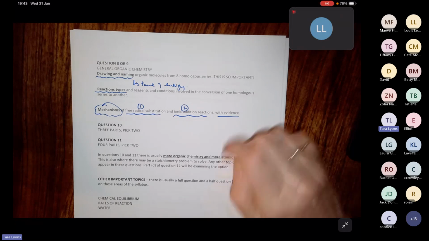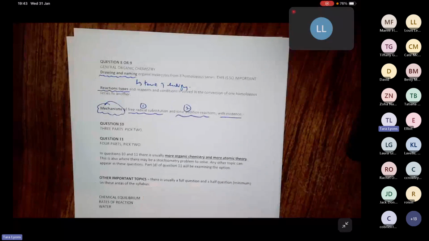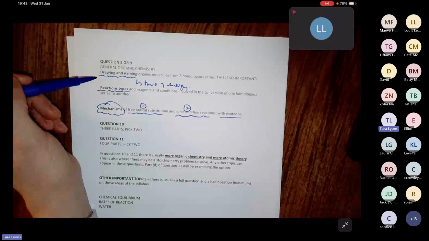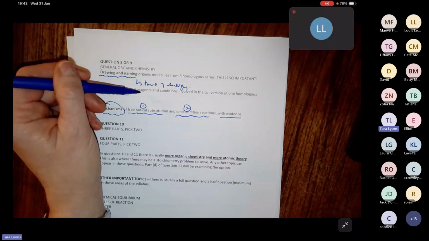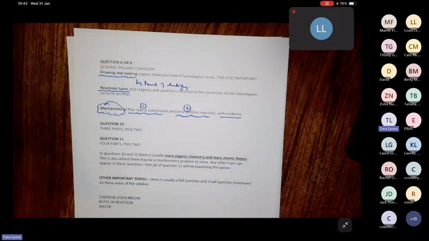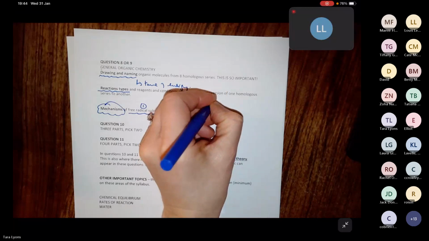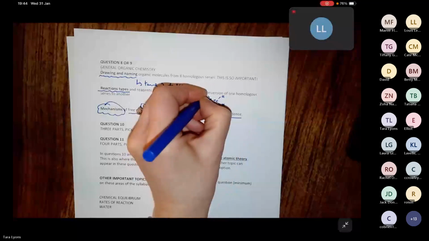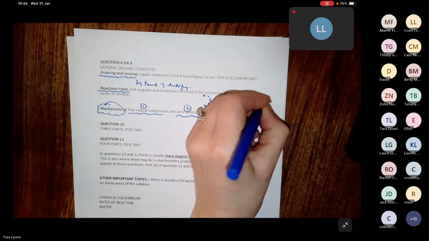But again, if I am preparing for my general organic chemistry question, well, this is where I'm going to start. I'm going to know how to draw and name my molecules. I'm going to know the different reaction types, what reagents and conditions are needed to change one homologous series into another. So for example, if I wanted to go from ethene plus what would give me this product here.